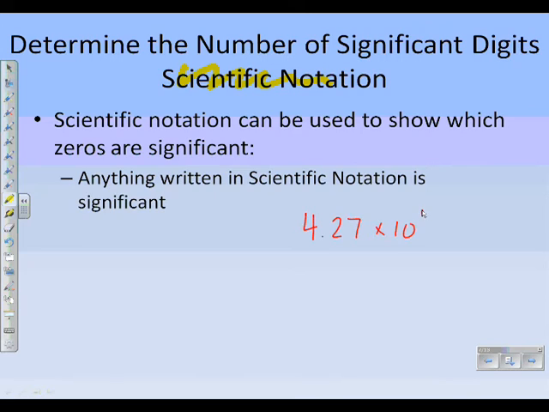So here, 4.27 times 10 to the 4th meters, this would have 3 significant digits. 4.270 times 10 to the 4th meters, right? 1, 2, 3, 4 significant digits.